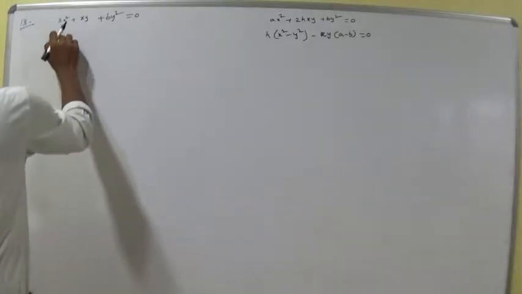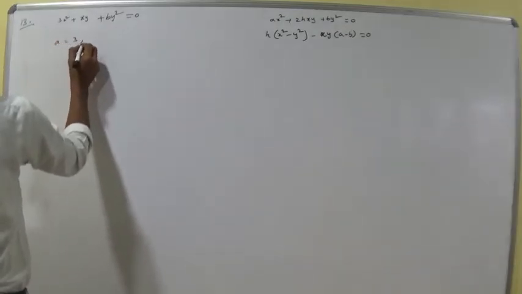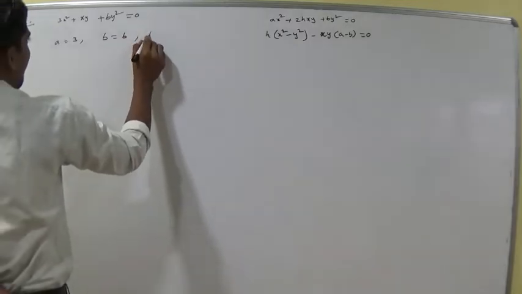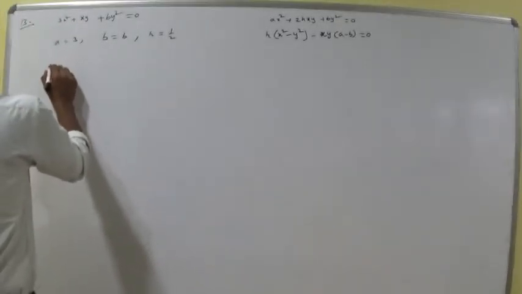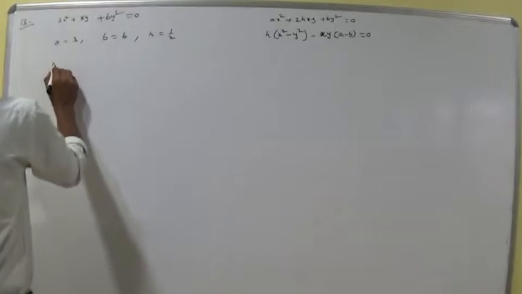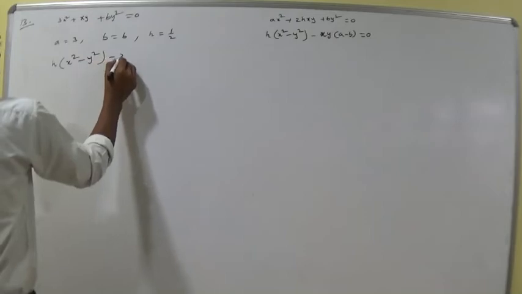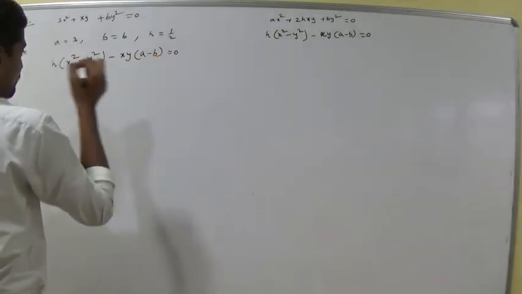Let us find here a equal to 3, b is equal to b, h is equal to 1 by 2. The combined equation of angle bisectors is h into x square minus y square minus xy into a minus b equal to 0.